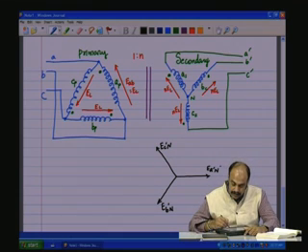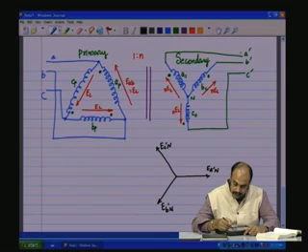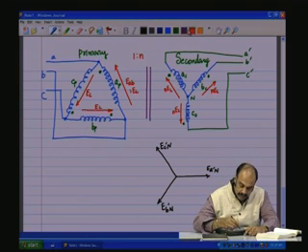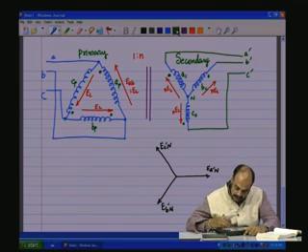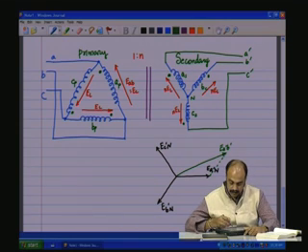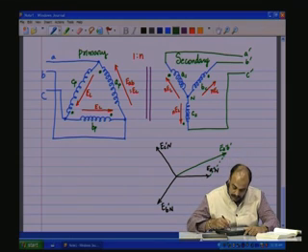Now, the line voltage, that is E A dash B dash, is 30 degrees leading, and I will show that as a different line, 30 degrees leading like that. This is E A dash B dash, which is nothing but E A dash N minus E B dash N, which is what we have shown here.